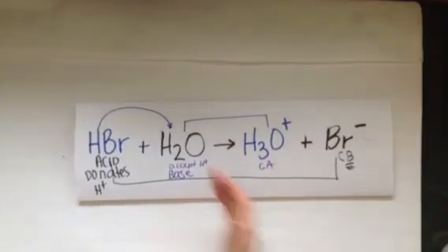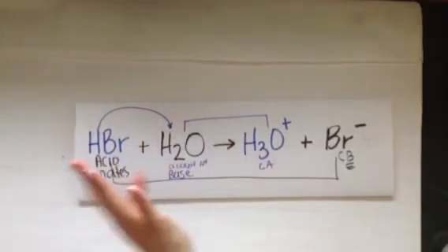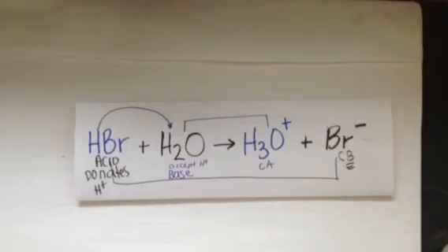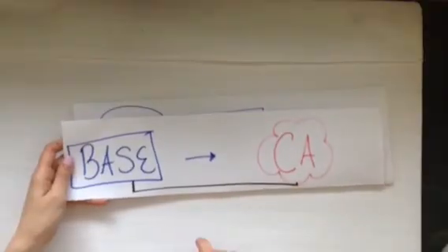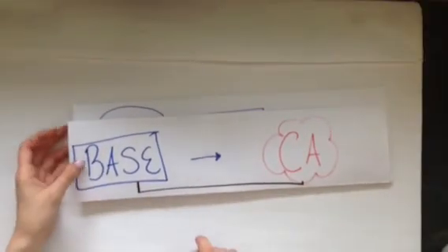So on this side, we label these either as acids and bases, and those get labeled as the conjugates. So in summary, it might be good to write this down, that acids are linked up with conjugate bases, and bases are linked up with their conjugate acids.